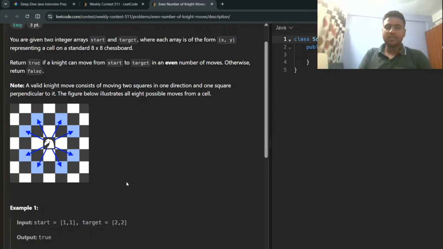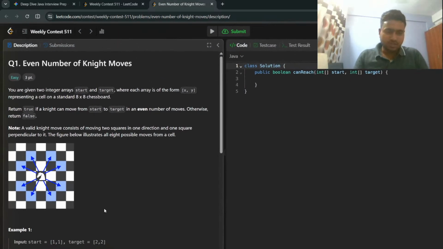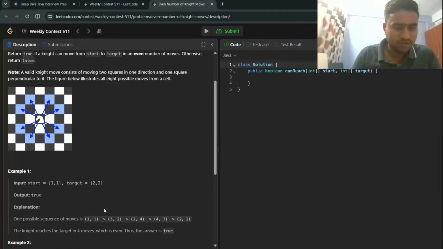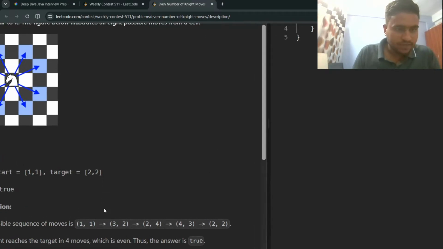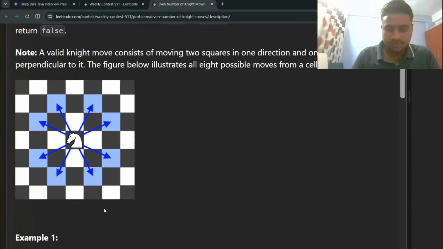We are not going to consider the answer in which we reach with an odd number of moves; here we need to reach in an even number of moves.